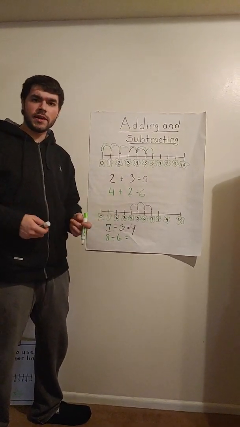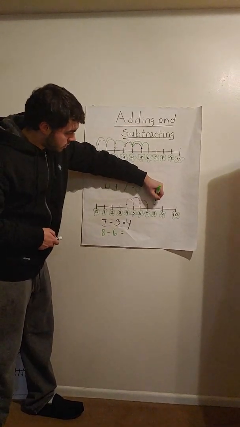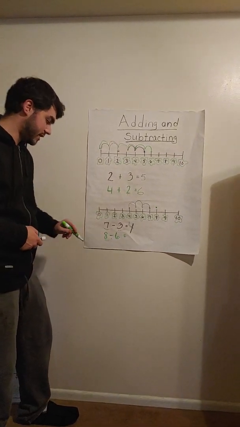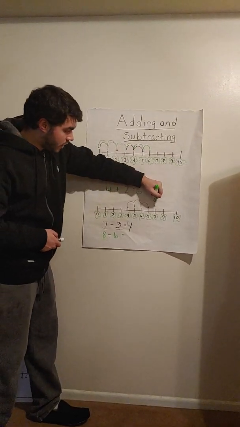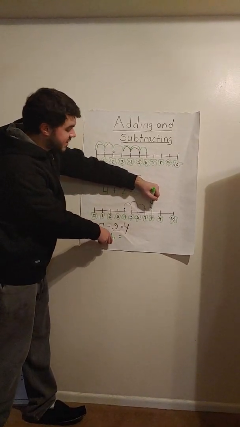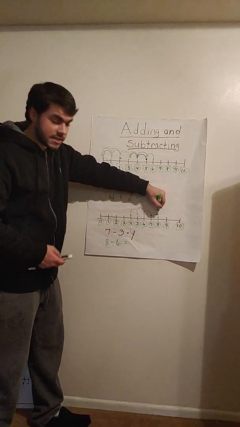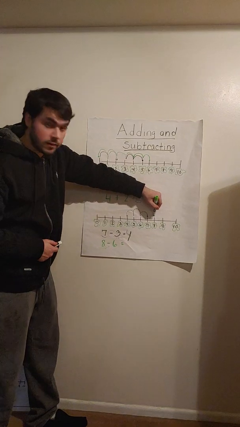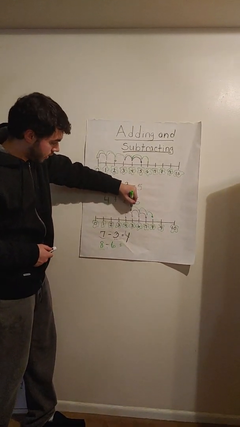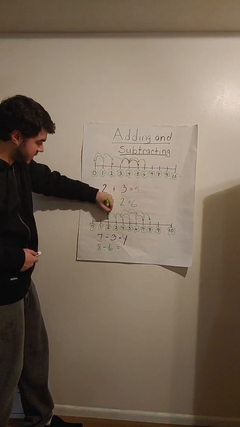All right, well, let's find out. So, our frog has to start on the 8th lily pad because our starting number is 8. So, our frog is right here, and it says that our frog has to move backwards by 6. So, we're going to hop backwards by 6 now. So, with me, and a 1, and a 2, and a 3, and a 4, and a 5, and a 6.